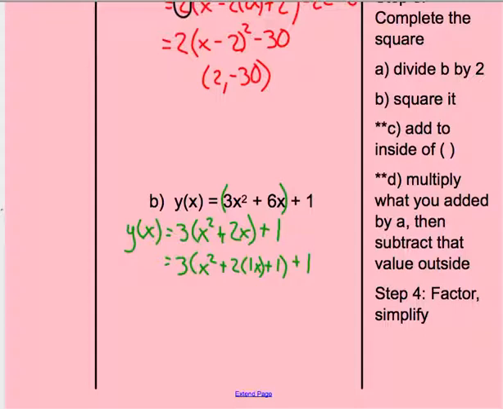Outside the parentheses, we're going to add 3 times 1, and then we factor what's inside the parentheses, drop down the x plus 1, 1 plus 3 is 4, and then our vertex, remembering the opposite sign, we get negative 1, positive 4 for our vertex.